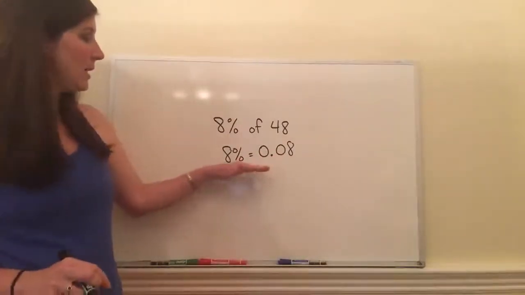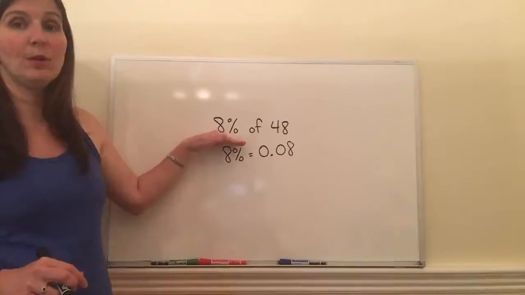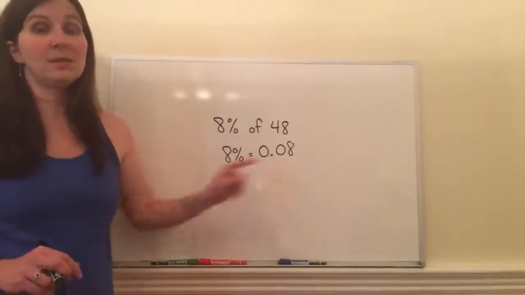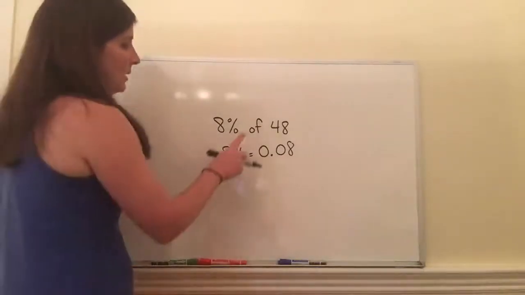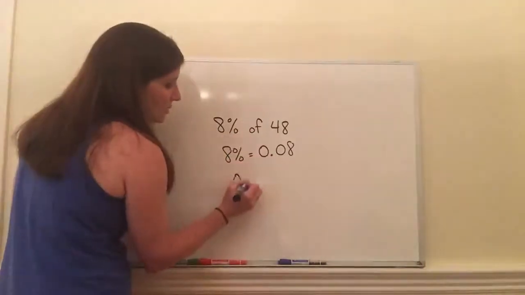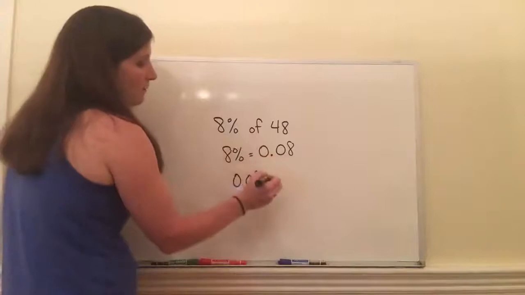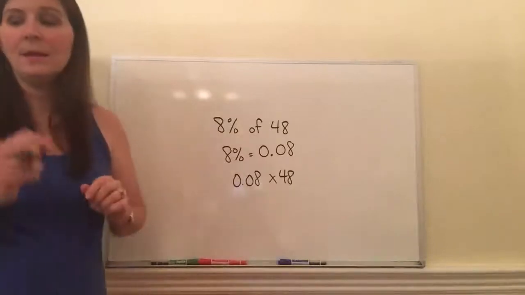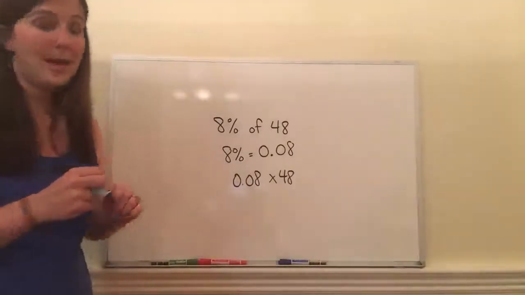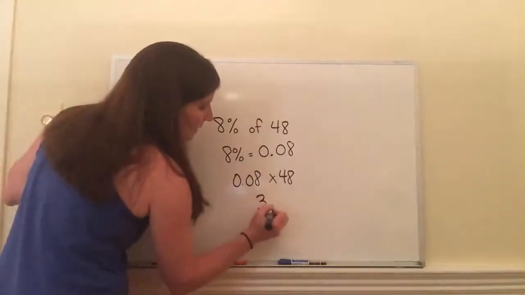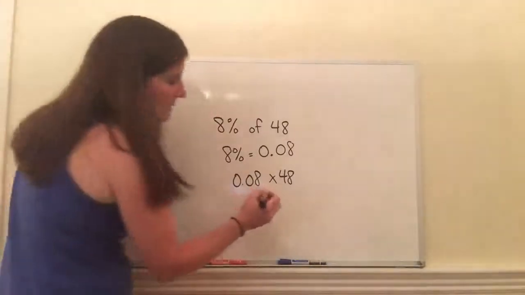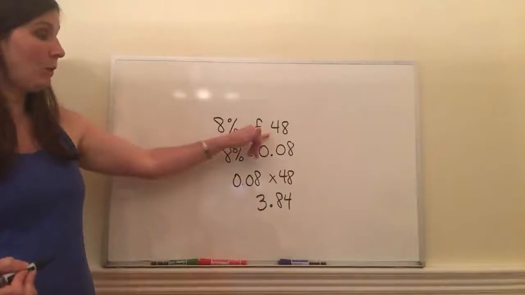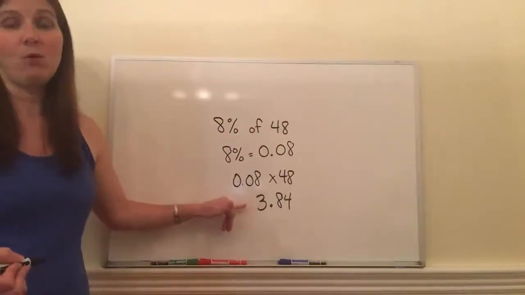So make sure that if your percent only has a single digit, you still have those 2 decimal places when you're changing it to a decimal. So 8%, which is 8/100ths, of is times 48. And if you say 0.08 times 48 on your calculator, it will give you the answer 3.84. So that is my answer. 8% of 48 is 3 and 84/100ths.